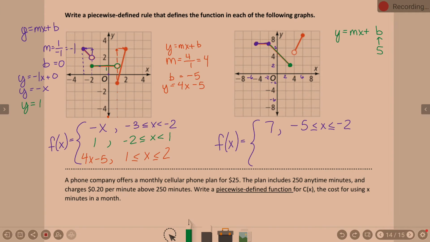What's the slope? This is where I don't like the scale because it makes it a little bit more awkward to count, but it's still doable. Guesses on the slope?